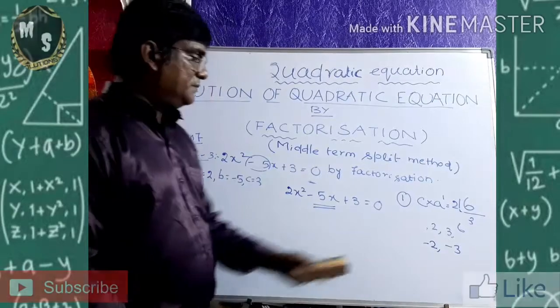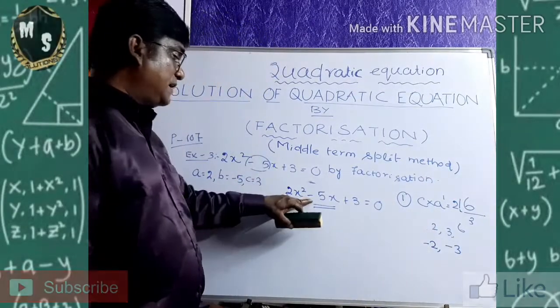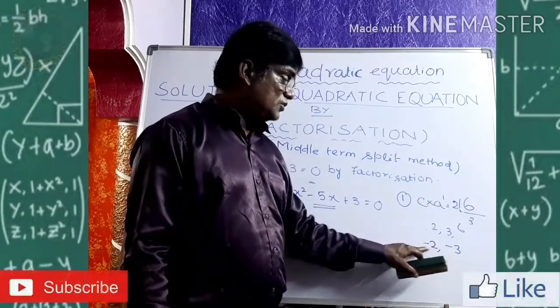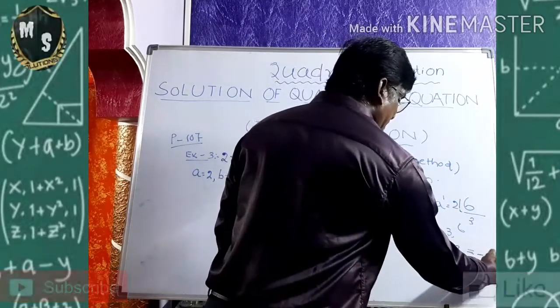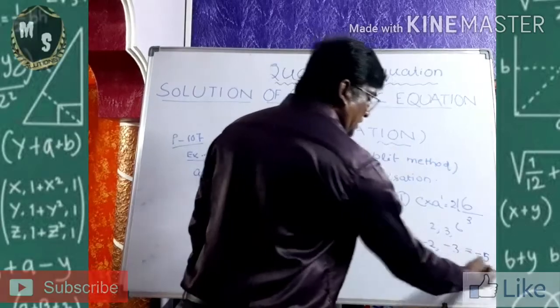Now you try 2 and 3. 2 plus 3 is 5. What do you require? Minus 5. So when you put minus in both, minus 2 and minus 3, adding them gives you minus 5. When you multiply these two, minus into minus is plus, and 3 twos are 6.